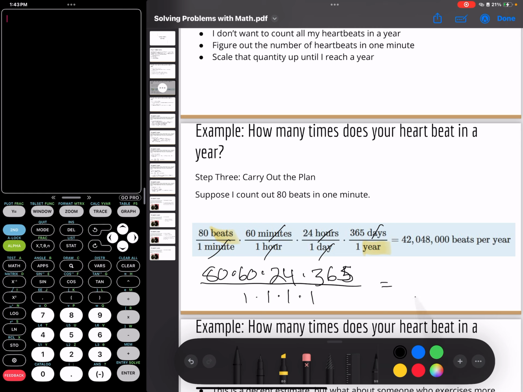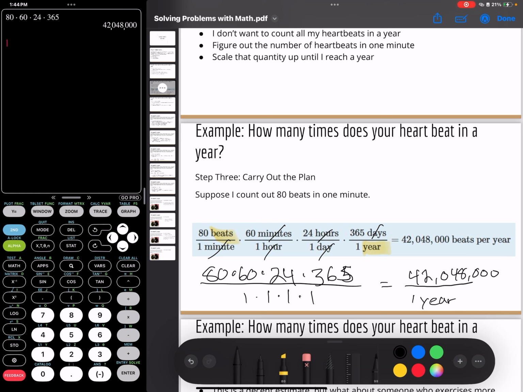So we're going to have per 1 year in the denominator. And then in the numerator, we're going to take 80 times 60 times 24 times 365. And that gives us the figure 42,048,000. There we are. So that's how many times our heart beats in a year.